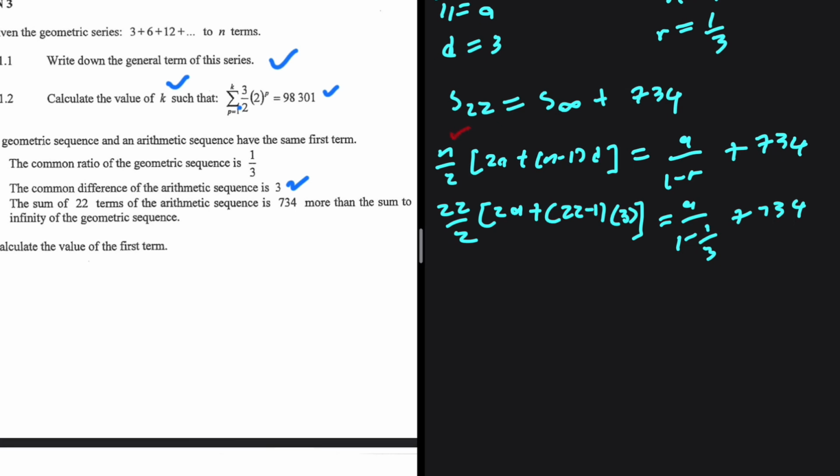Okay, we have to solve this now. So we're going to have 11 multiplied by 2a, then 22 minus 1 is 21, so we have 21 multiplied by 3, which is 63. So we have 2a plus 63.